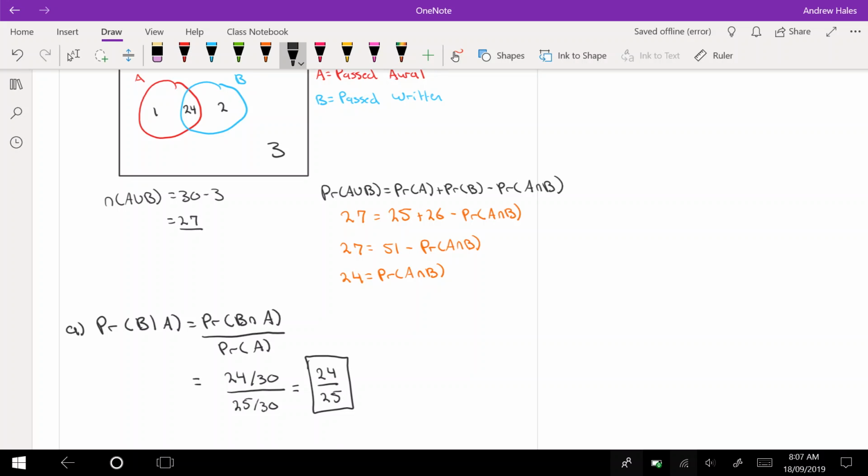So that's the probability that they passed the written section, given that they had already passed the oral section.